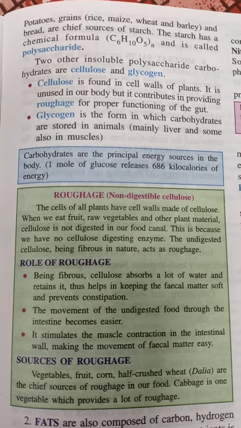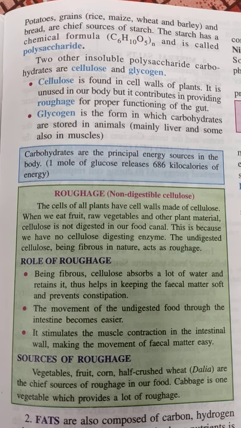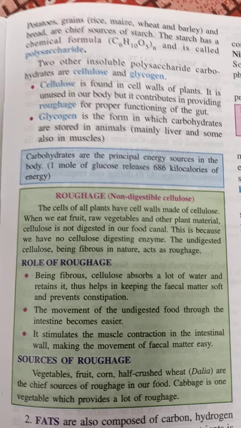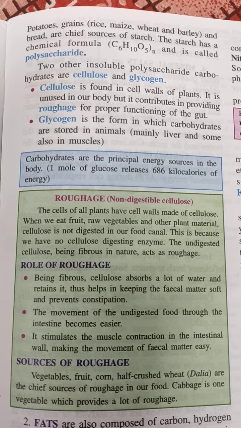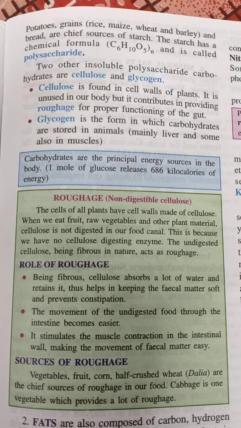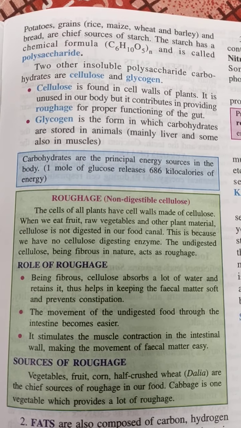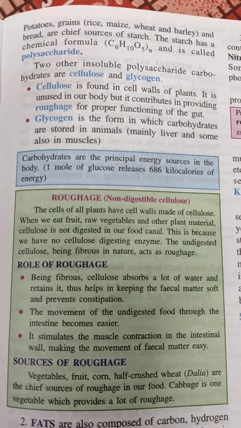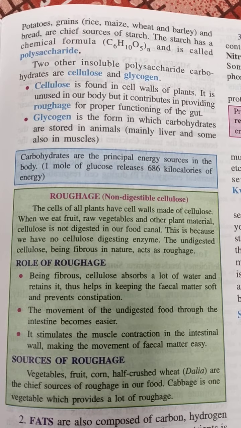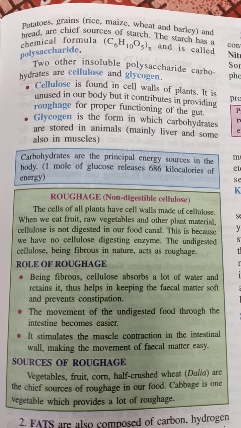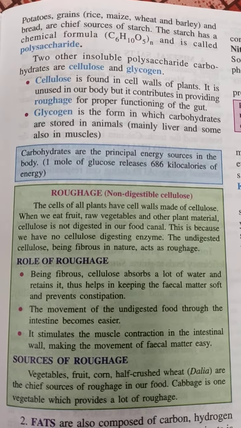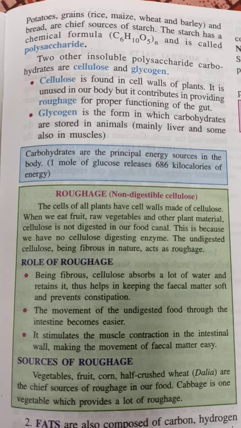Two other insoluble polysaccharide carbohydrates are cellulose and glycogen. Cellulose is found in cell walls of plants. It is unused in our body. And glycogen is the form in which carbohydrates are stored in animals. Where in animals? Mainly in the liver and in the muscle tissues.